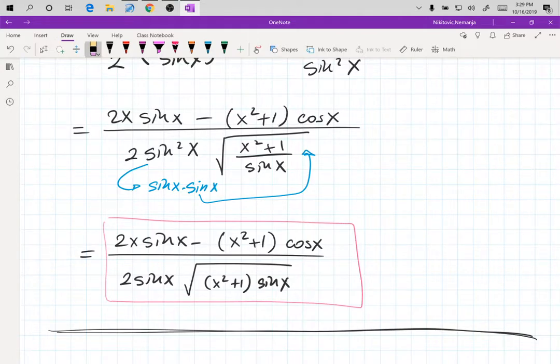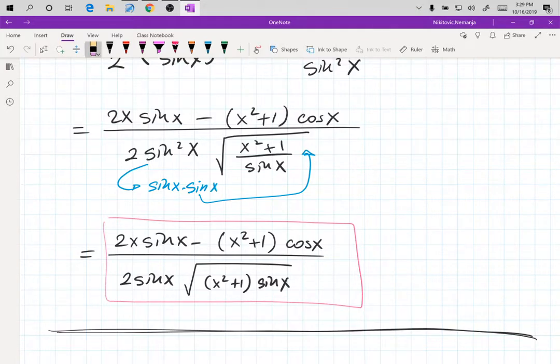But the square root of this mess, x could be 0. If x is 0, well, it can't because of this sine x. But if x is 0 in this case, then the whole thing under the square root is 1, and the square root of 1 is 1, so no harm done. So for some values of x it will be rational, for some values of x it would be irrational, and we don't have to preemptively rationalize it for all values, because some values are going to work out nicely.